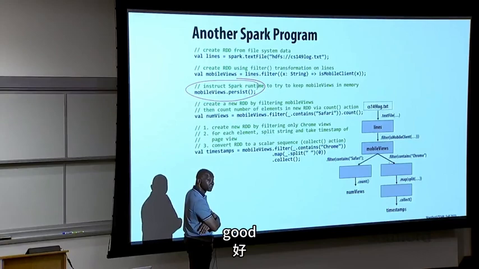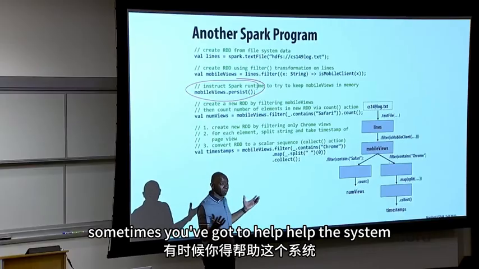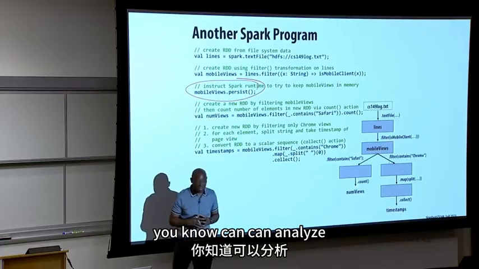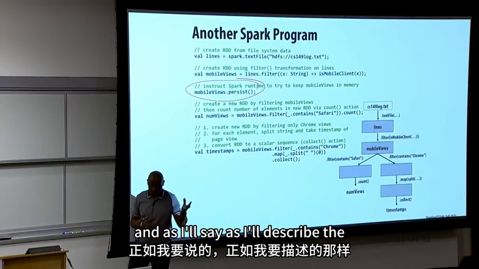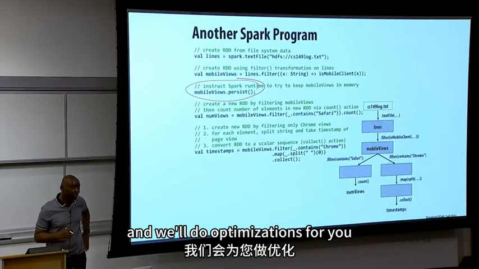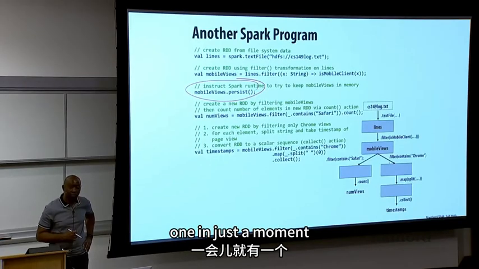Yeah, it could. Sometimes you've got to help the system, but other times the system can analyze. And as I'll describe, the Spark runtime system does a bunch of analysis and will do optimizations for you. And we'll talk about one in just a moment.